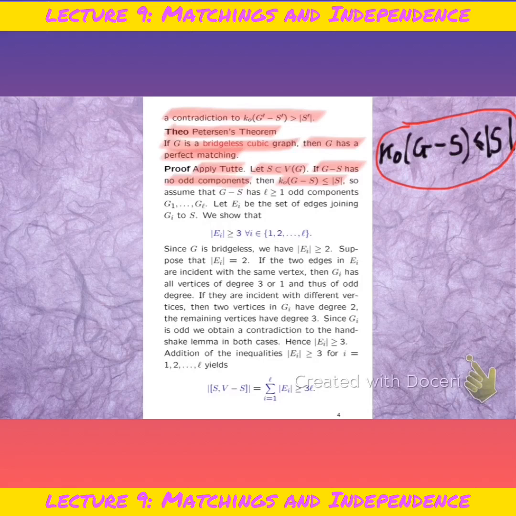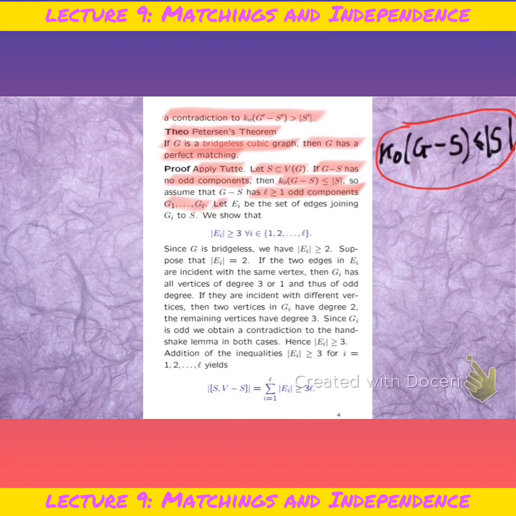Okay, now if the graph has no odd components, then we're done. So we may assume that G minus S has at least L odd components, and let's call these odd components G1 up until GL.